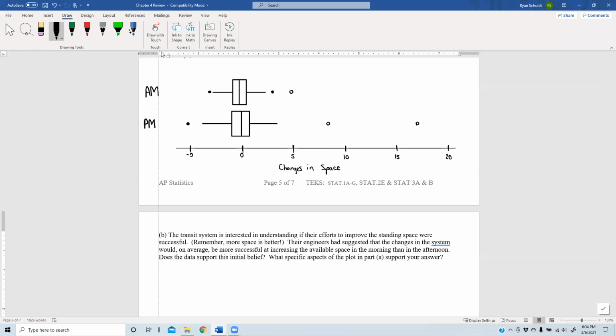Well, if we look at the plot from part A, did it really improve much?